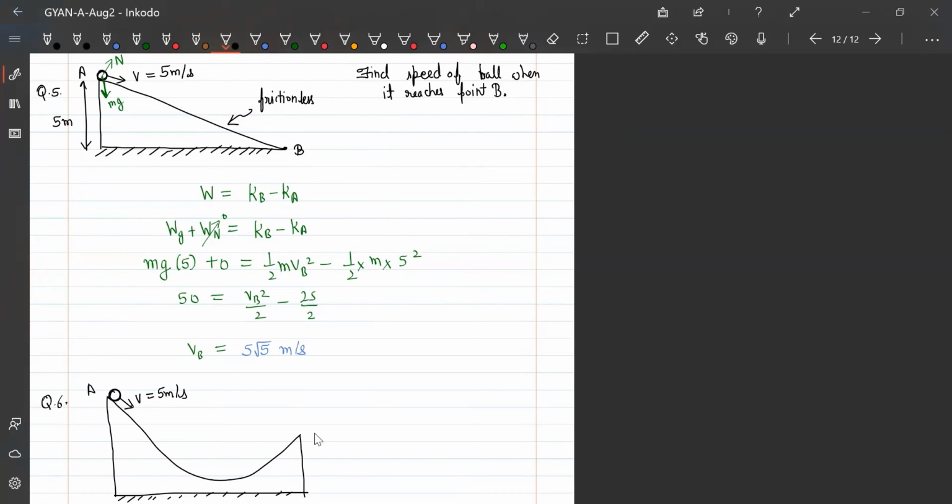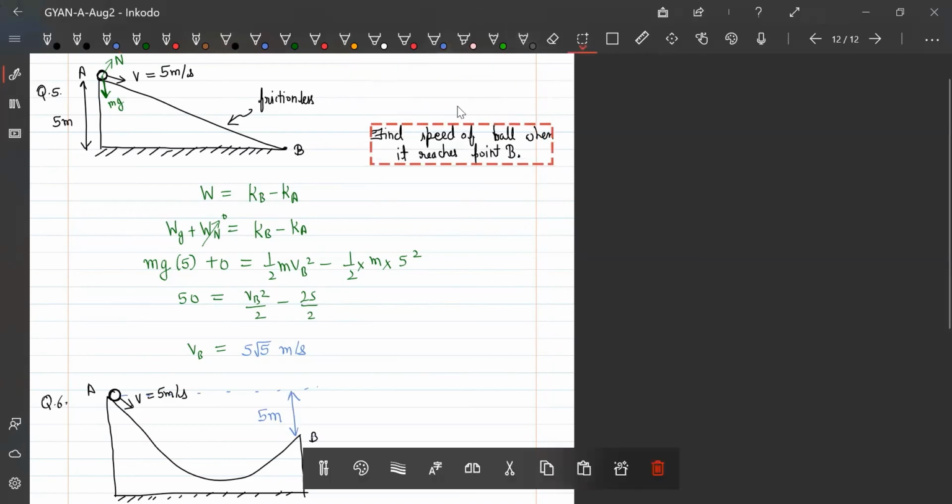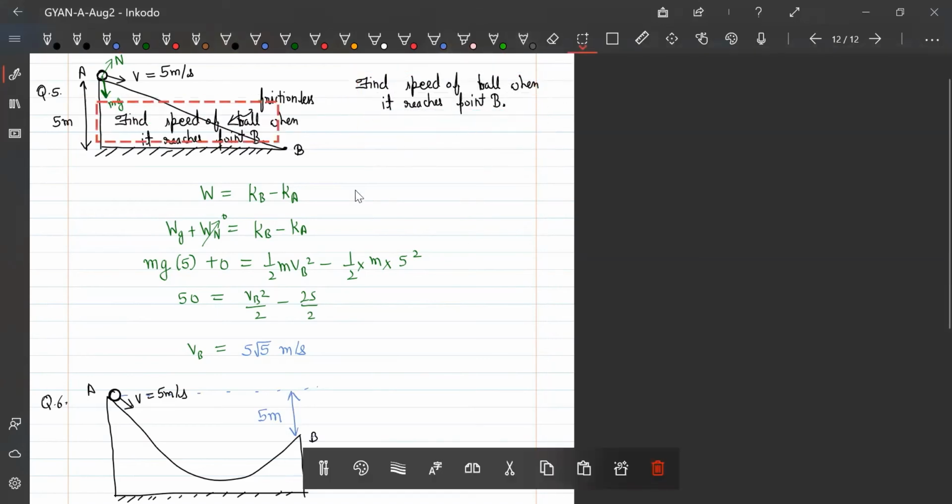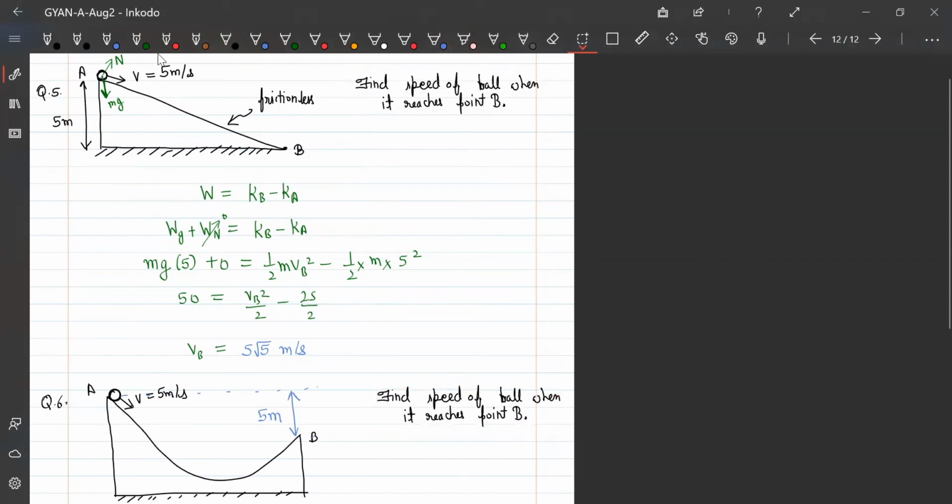This is point A, this is point B. The vertical height का difference between point A and point B is 5 meter. So find speed of ball when it reaches point B. Surface is frictionless.